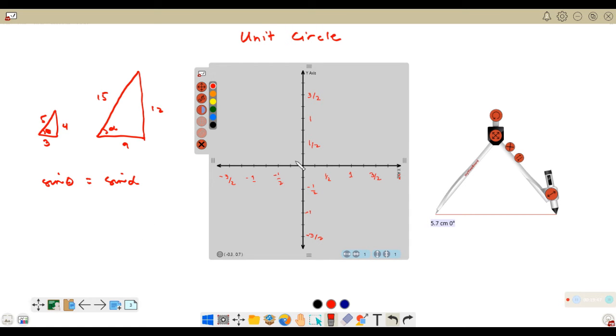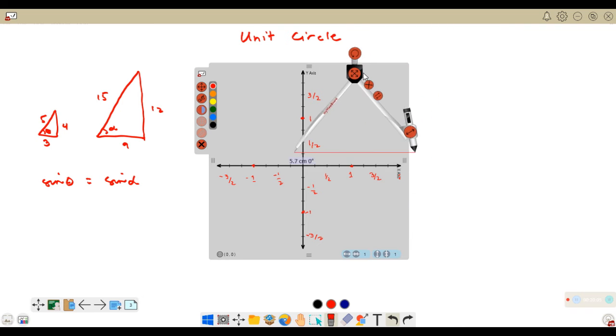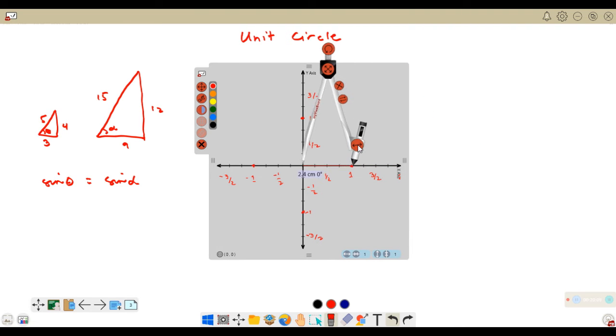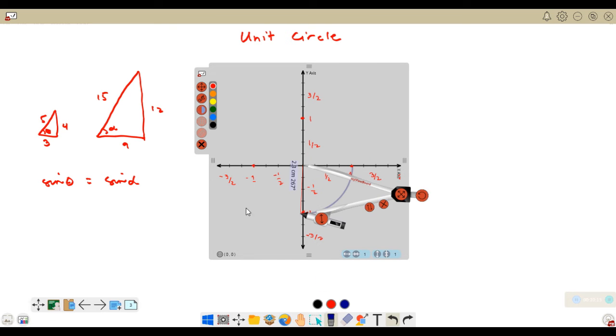So, what if, doon na lang tayo sa pinakasimple. Doon tayo sa may terminal side na ang length lang ay 1. So, kung ang length ng terminal side natin ay 1, ibig sabihin, ang radius niya lagi ay 1. 'Di ba? Gawa tayo dito ng circle.